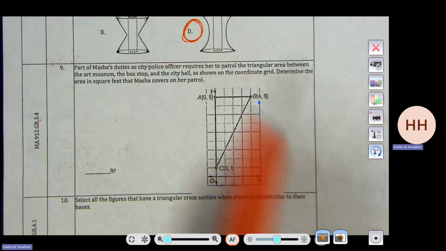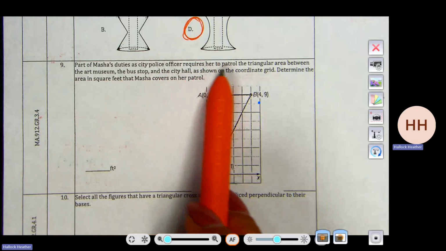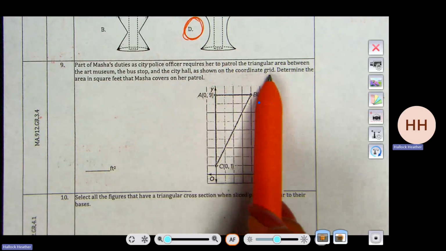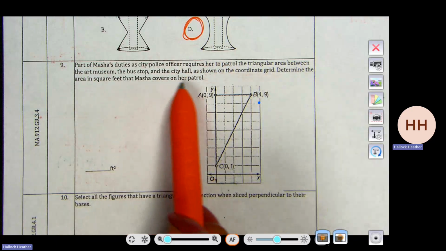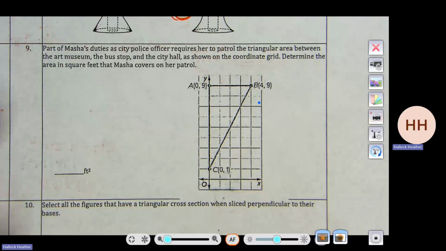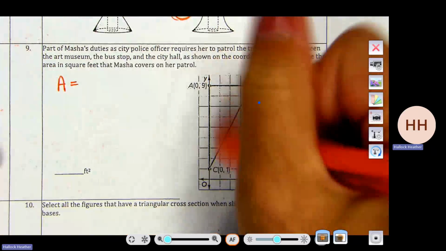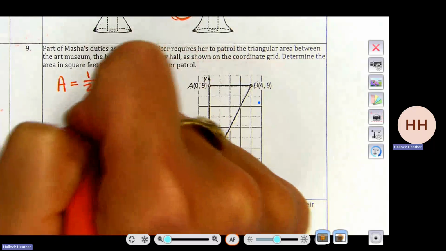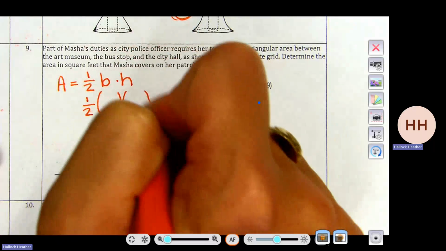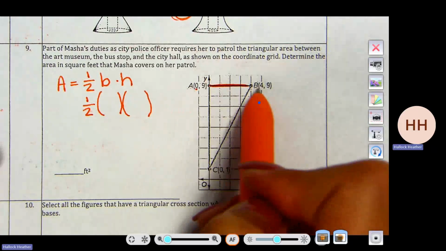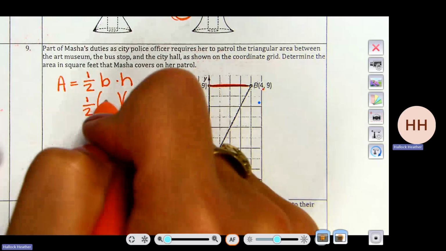Number 9 says part of Marcia's duties as a police officer is to patrol the triangular area between the museum, the bus stop, and the city hall, as shown in the coordinate grid. Determine the area in square feet that covers her patrol. We are going to find area because we want to know the area she covers. The area of a triangle is 1/2 base times height. For the base, I can just count across from 0 to 4: 1, 2, 3, 4.